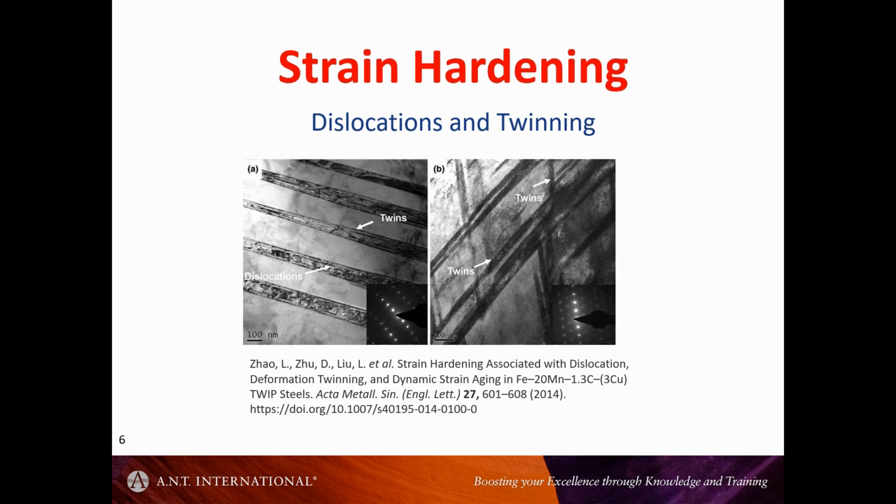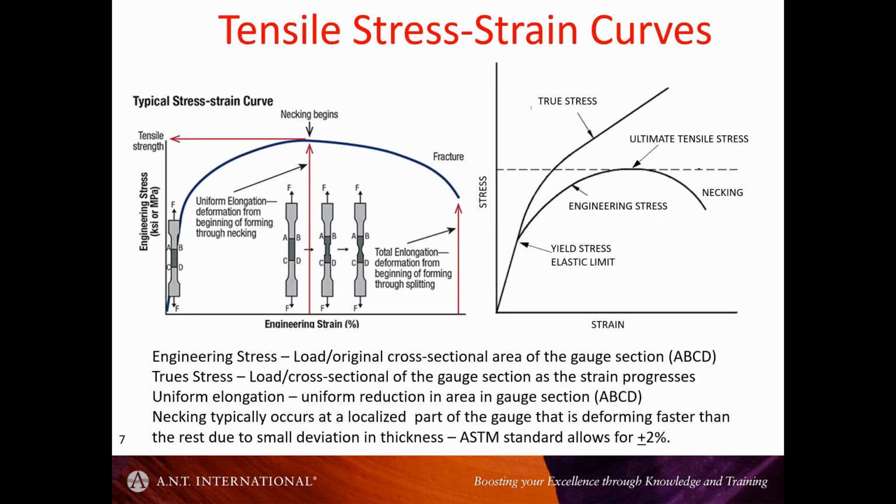This is basically when a material deforms, initially the matrix could be free of defects if it's an annealed material, but the deformation itself creates defects which then hinder the formation and the progression of additional defects. And what you end up with is a situation where it gets harder and harder for the material to deform for a given stress.